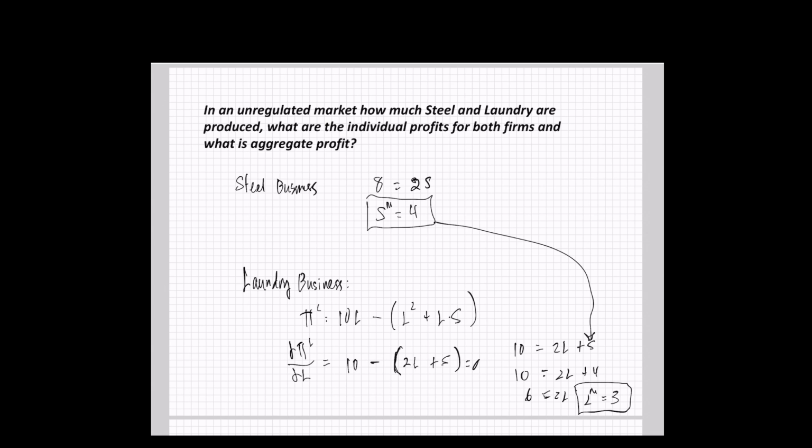So at this point, we've got the production value, and now we got to find the profits for these firms. So we're going to plug in 4 and 3 into their profit functions and calculate these accordingly. It shouldn't be too difficult.